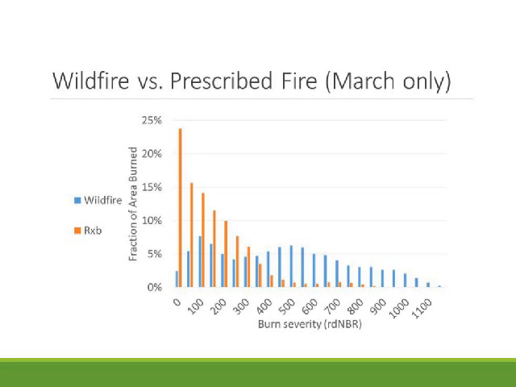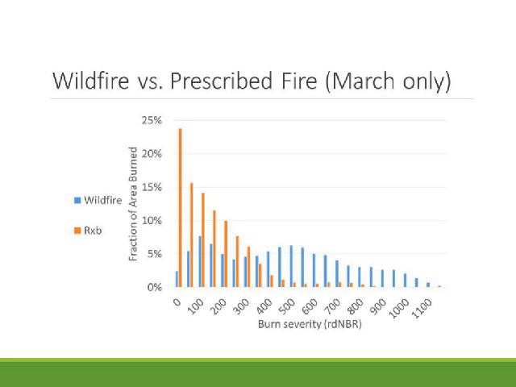While with wildfires, the distribution extends much farther into the range of severity possible. And so we have a lot more of a wide distribution, and subsequently there's probably greater effects from wildfires.